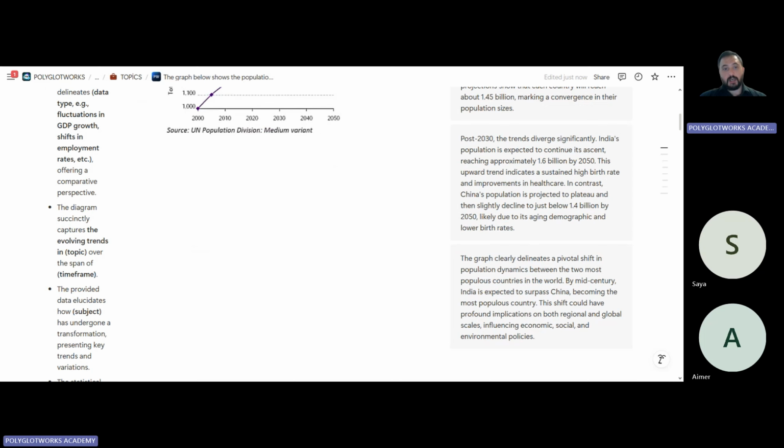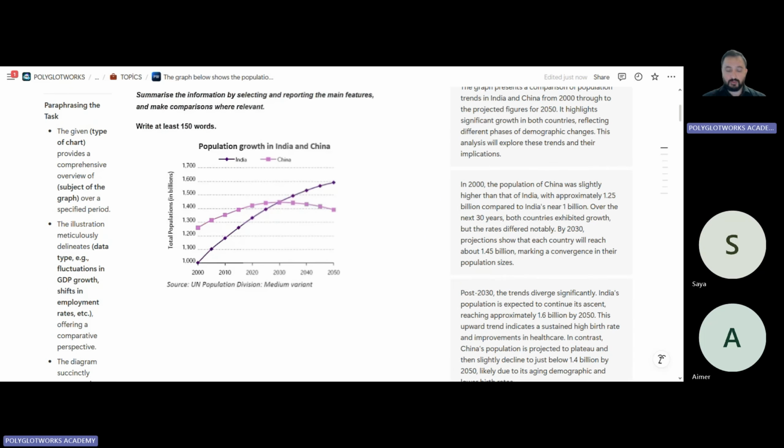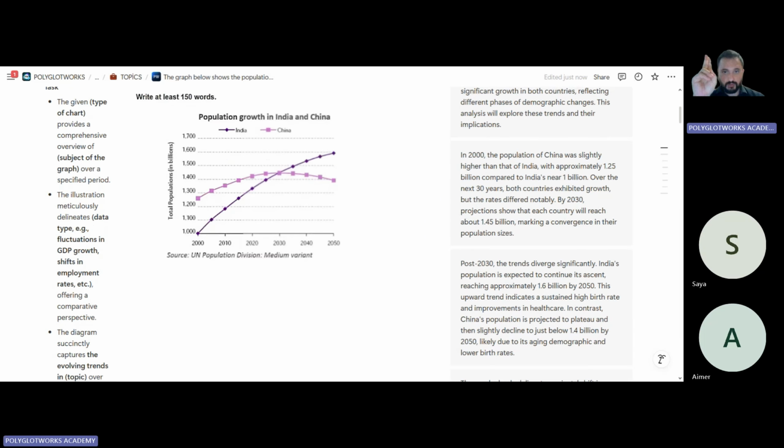Where is this? Here. As you see on the right side, and I will give you another version. From 2025 onwards, now I'm changing my tone. The trends diverge noticeably. It means they change. The word noticeably. China's population is expected to decline. It is expected. It's not real.